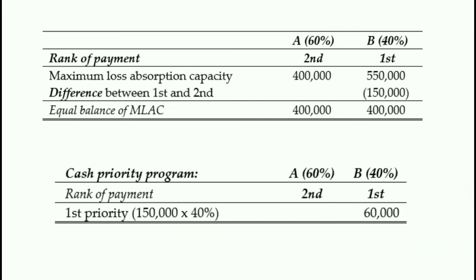To compute for the first cash priority, we will multiply the difference of 150,000 pesos by the profit or loss ratio of partner B. So that is 150,000 pesos times 40%, which is equal to 60,000 pesos.